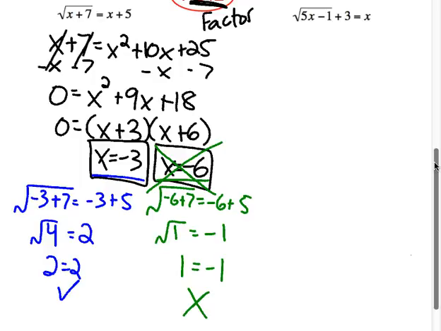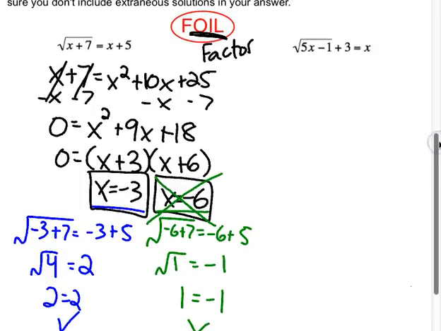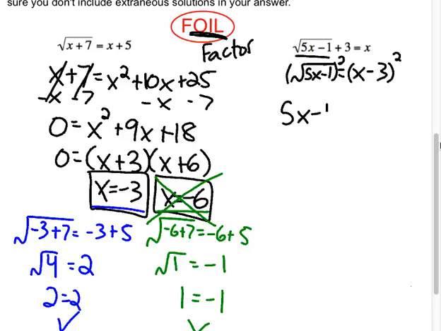So let's do another example of one that works like this. So again, first and foremost, I need to isolate this, all right? So I'm going to subtract the 3 over, and now I'm going to square both sides. So that's going to set this part free.